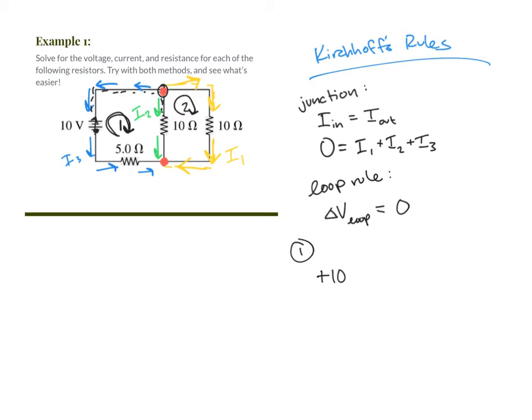The potential drop across a resistor is equal to IR, V equals IR, Ohm's law. We don't actually know what I is, so we say that we're losing potential, which makes it negative, and that potential is I times R. R is 10, I here is I2, because that resistor has current 2 going through it.